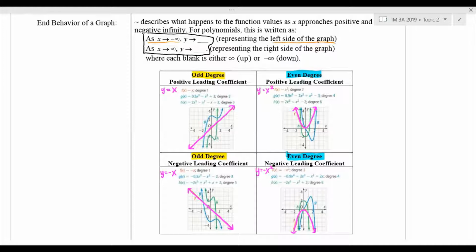Some examples here are f of x equals x, g of x equals 0.5x cubed, and then a power of 5. And so notice that the arrows on the left point down, and the arrows on the right point up for these with a positive leading coefficient. And then it's the opposite when the leading coefficient is negative.